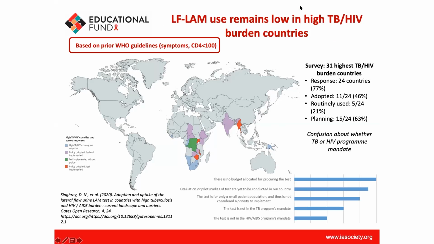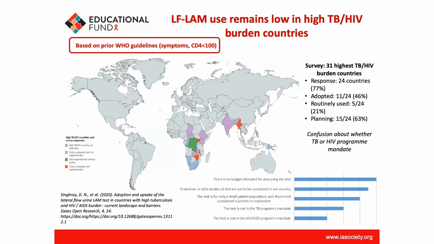The survey, I must point out, though, was done based on the prior WHO guidelines, which required a CD4 count being below 100 in order to be eligible to do the LAM testing. So it is based on the older guidelines, which are more restrictive.